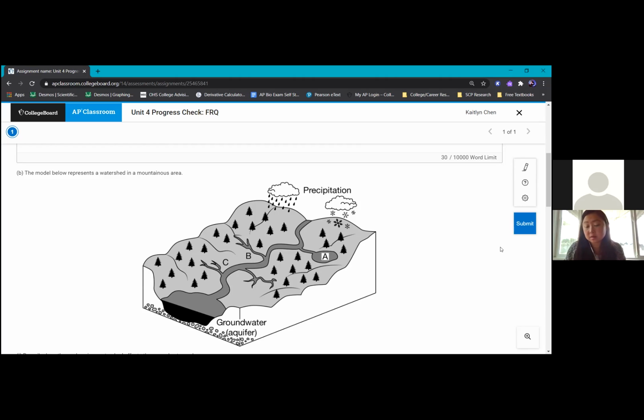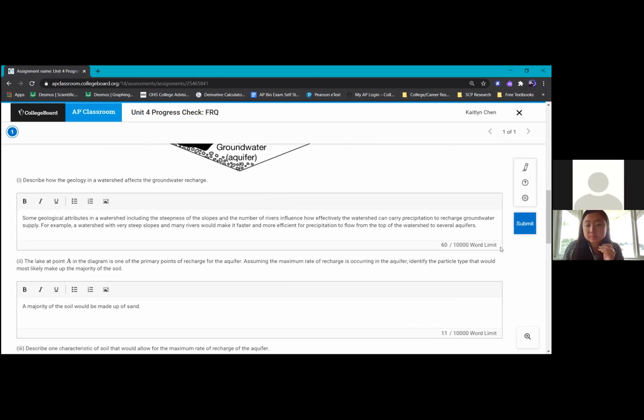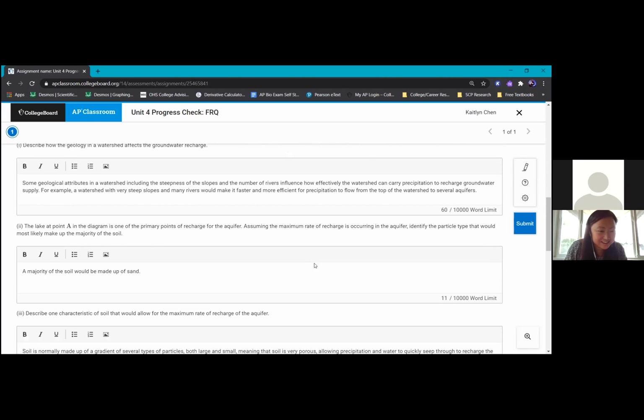Okay, that makes more sense. So yeah, sand is absolutely correct, because I was just looking at maximum rate of recharge, and the largest particle would be sand.